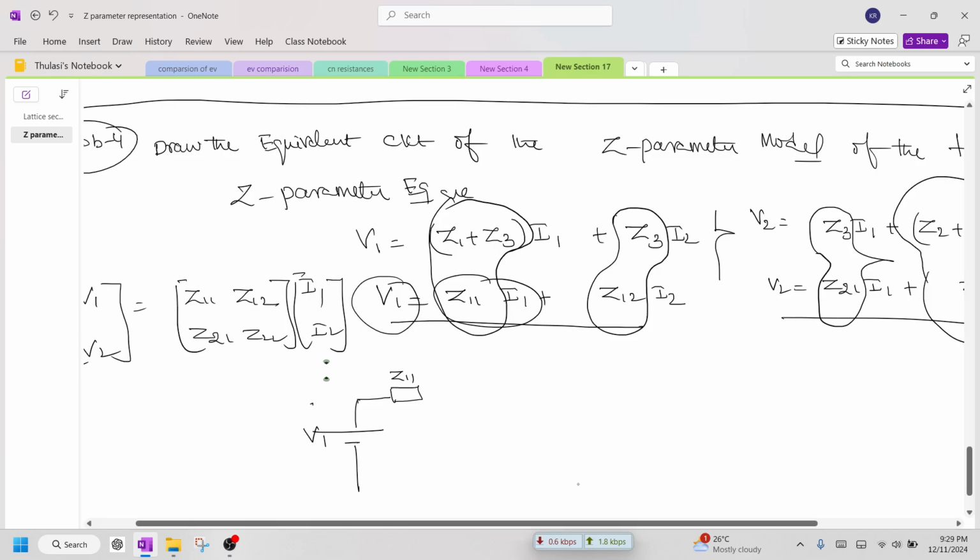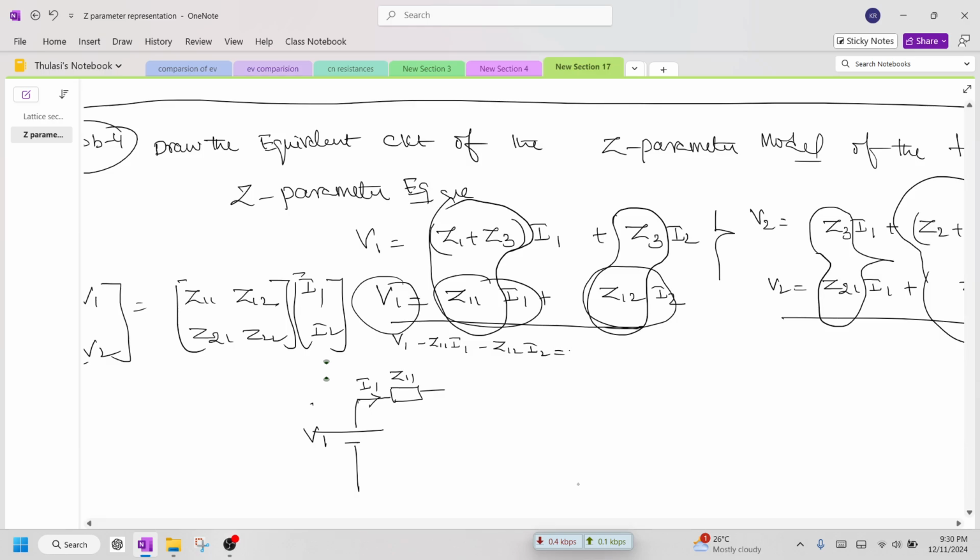What is the applied voltage? V1. This is the drop. The entering current is I1, Z11, and this is another impedance. So here we want to transform into V1 minus Z11 I1, next minus Z12 I2, like rises minus drops equal to 0.